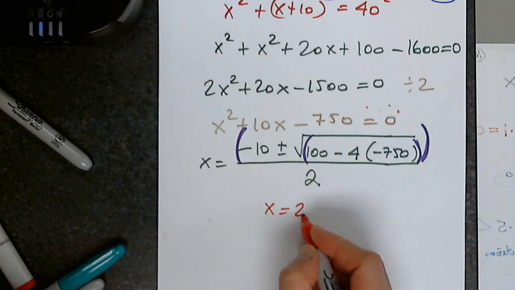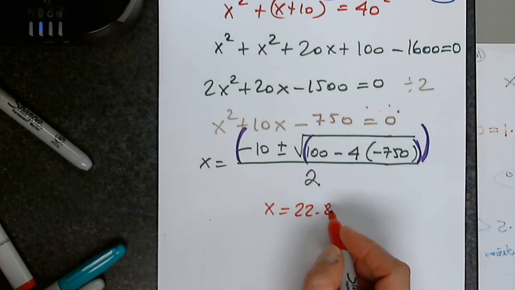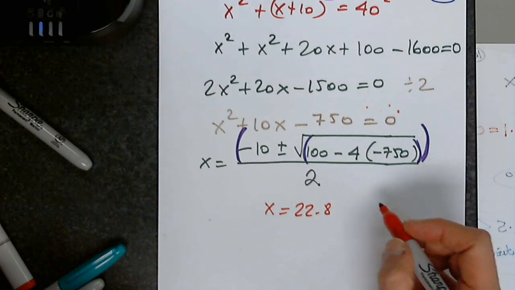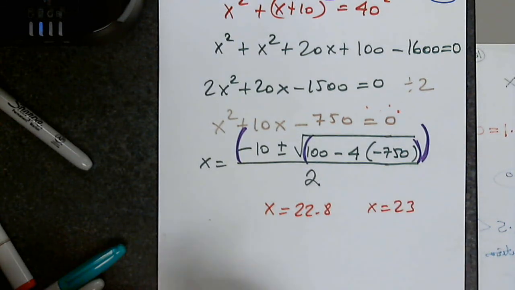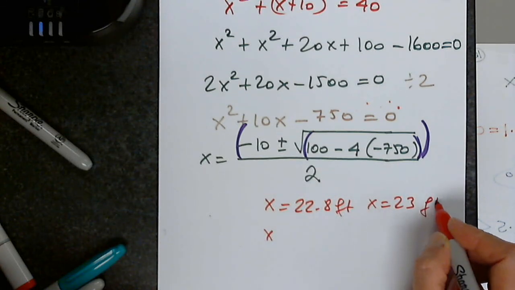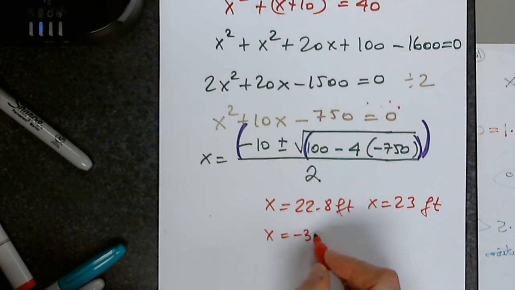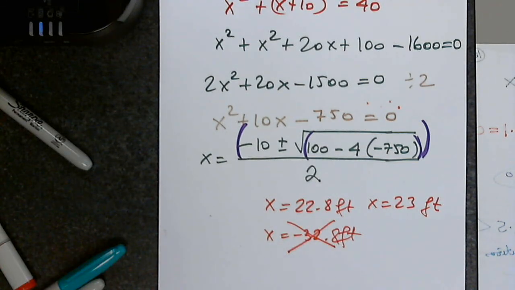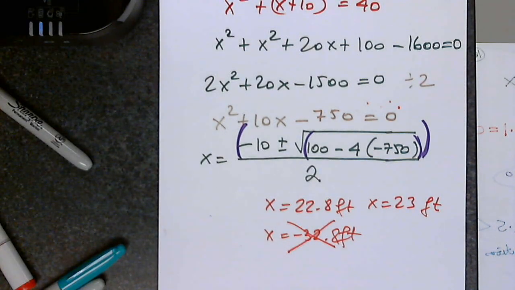So x equals 22.8. Since they are asking us to the nearest foot, I'm going to say 23 feet. And x equals negative 32.8 feet, and I'm going to cross it out. These are the two solutions. The second one cannot be accepted because it's a negative distance.